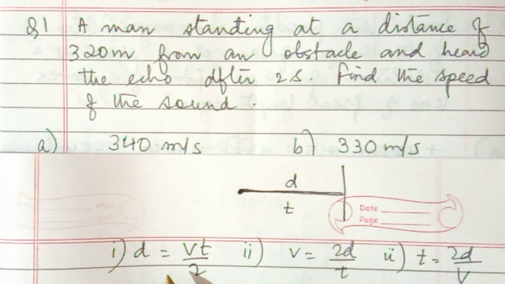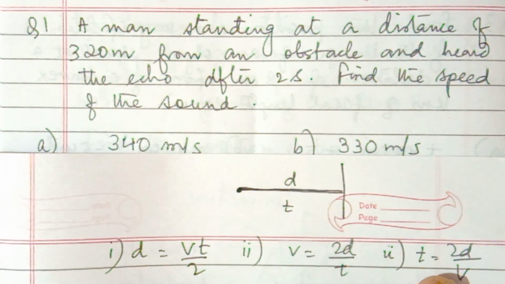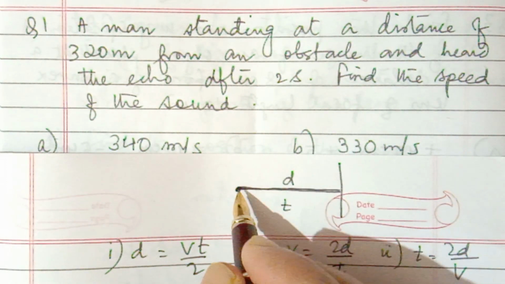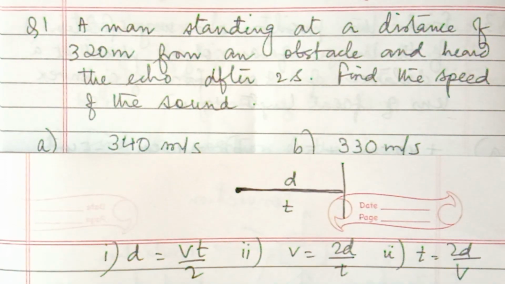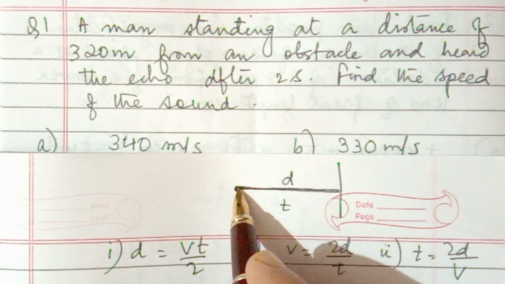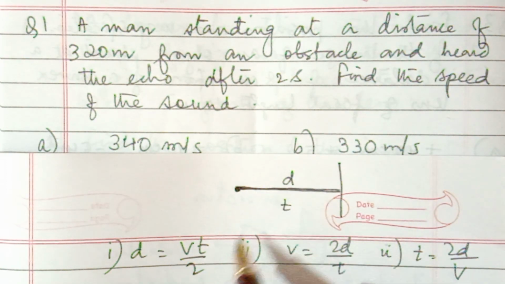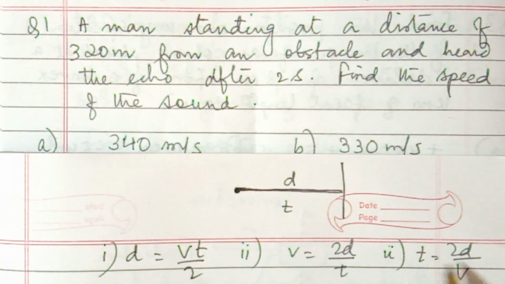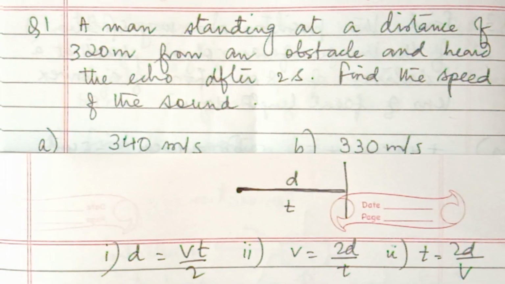You will apply this formula in echo questions, but one condition is there: only when the source and the observer or listener are at the same place, or the sound comes back to the same point from where it was produced, then this formula will be useful. Otherwise, this formula cannot be applied.